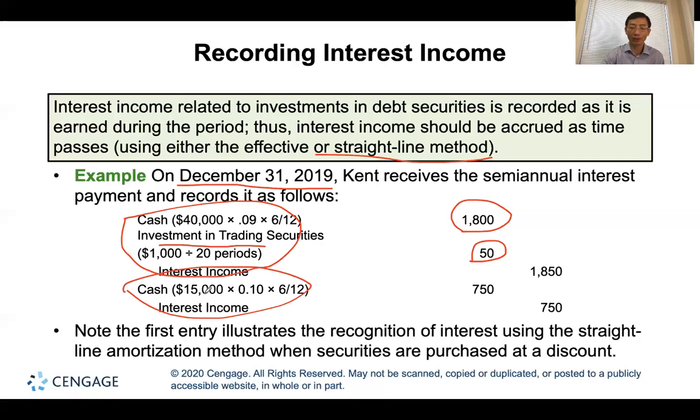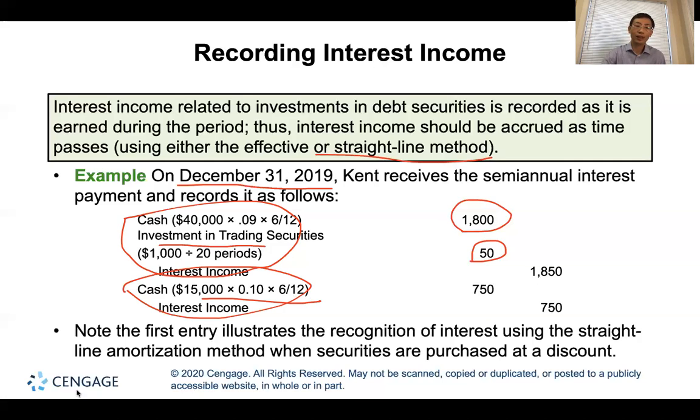So for the 10% bond, there is no discount amortization, just the cash and credit interest income. The computation is easy. Just the principal times rate times period, which is half year.